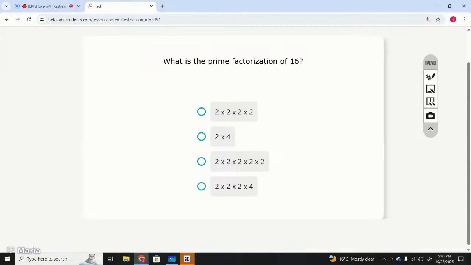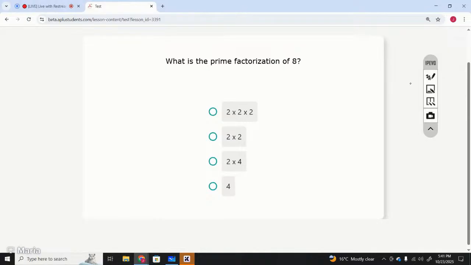What is the prime factorization of 16? 2 times 2 times 2 times 2. Option number 1 is the correct option. Okay, you can complete the lesson by yourself later today.